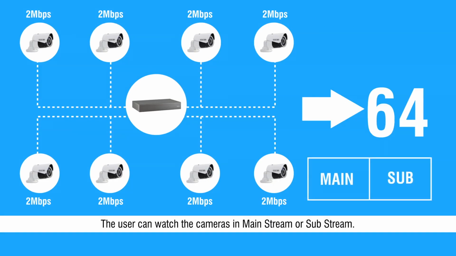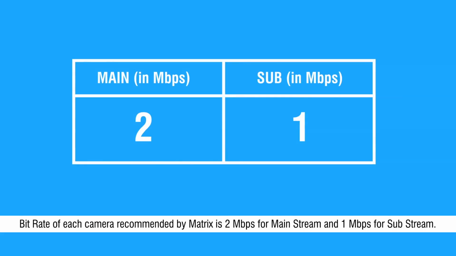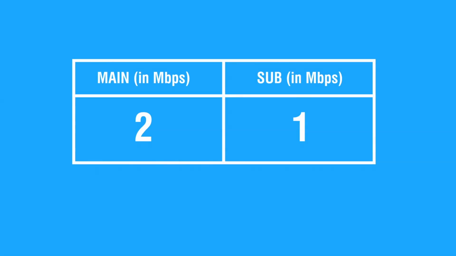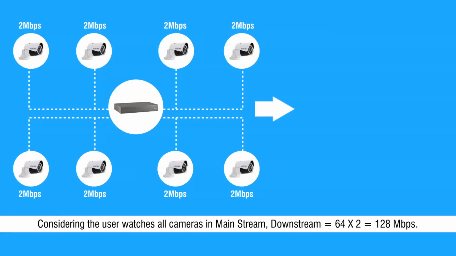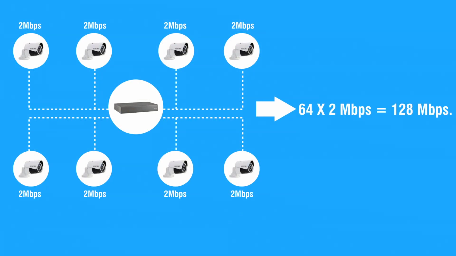The user can watch the cameras in mainstream or substream. Bitrate of each camera recommended by Matrix is 2 Mbps for mainstream and 1 Mbps for substream. Considering the user watches all cameras in mainstream, downstream will become 64 into 2, that is 128 Mbps.